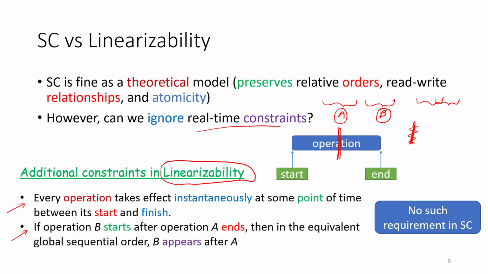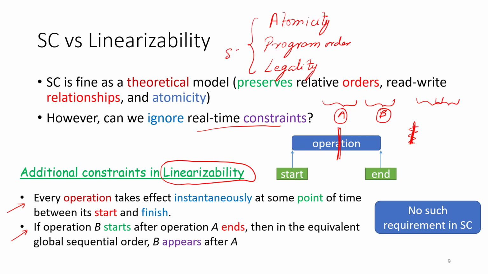Let me nonetheless summarize with a little extra space that I have over here. The properties we have are atomicity, then program order, and legality.